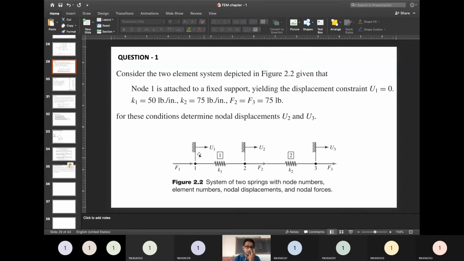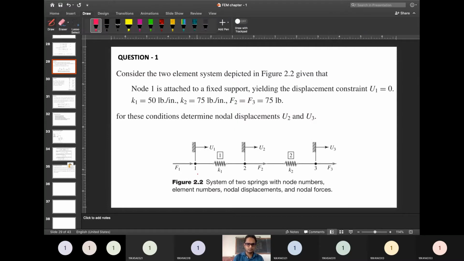Here you can see the values of K1, K2 and K3 are given. K1 and K2, only two springs are here. Two springs means two elements and three nodes, node number 1, 2 and 3. Now, in place of W, like we did in the previous problem, some force is applied.